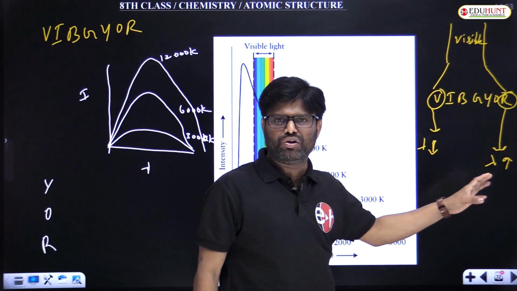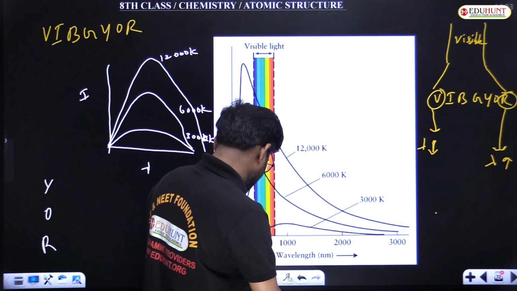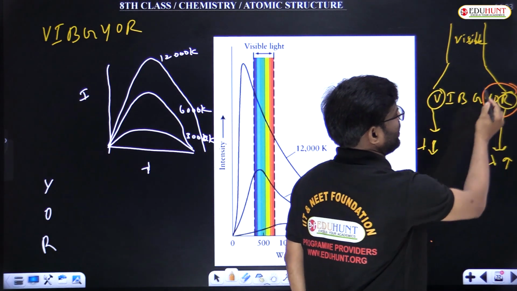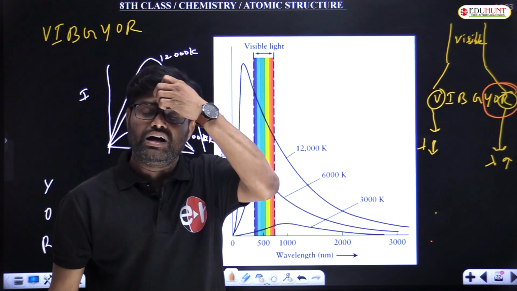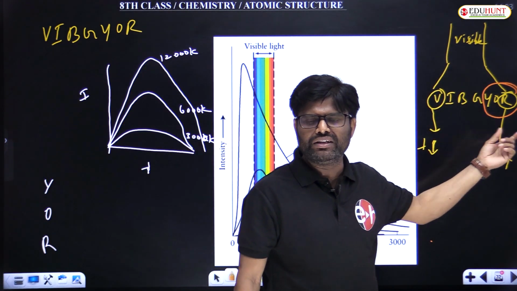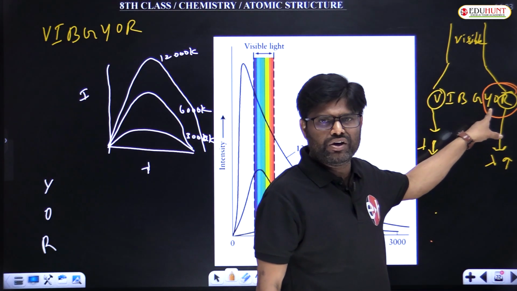So here I am taking YOR: yellow, orange, red. Red has the most wavelength, and yellow has the least wavelength.